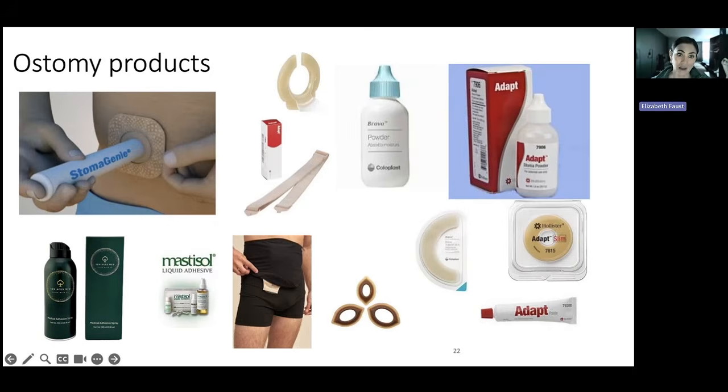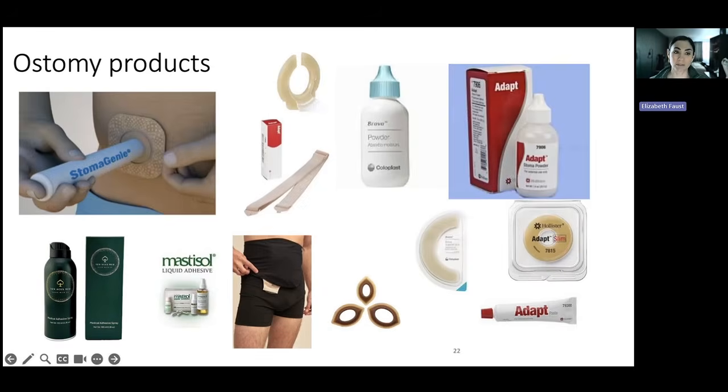To the left of that are adhesive extenders. And so this is to help put around the wafer portion in order to just give you a little bit more security at the edge of your wafer. Those three oblong, almost cat-eye things are convex barrier rings. And I'm going to talk about them a little bit more in the next one.